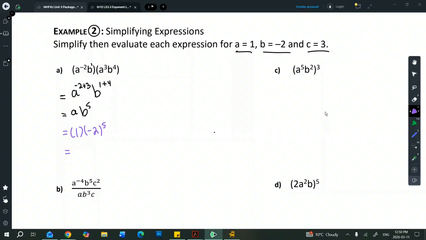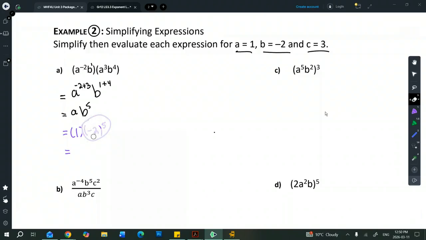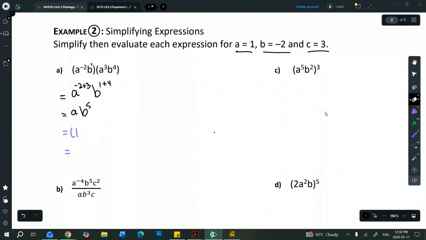Okay, one important thing here that we make note of is that exponents have to happen before multiplication, right? So we'll do -2 to the 5 first, and then we can multiply.